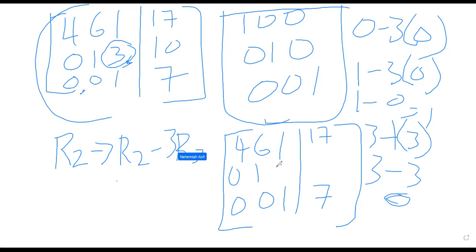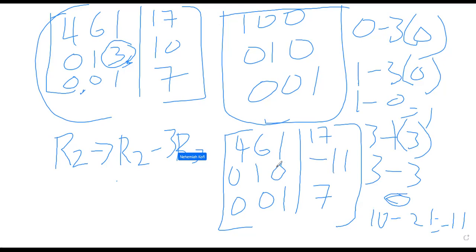So now here will be 0. And then we have 7 here. 7 times 3 is what? 21. So 10 minus 21 is equal to negative 11. So here becomes negative 11.